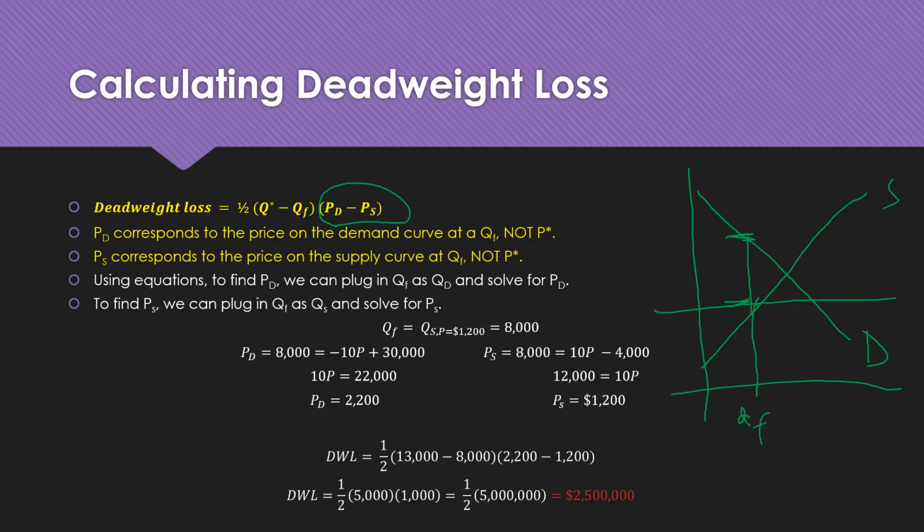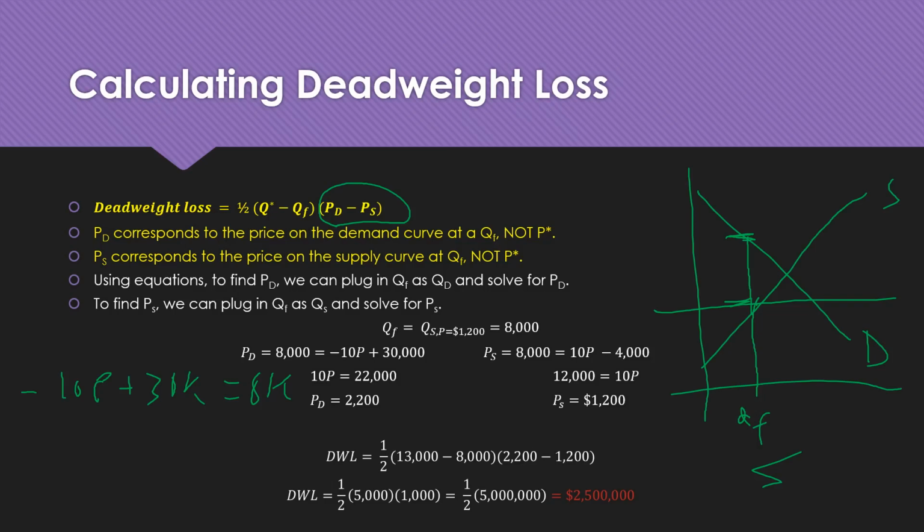In this case, because I can't tell what anything is from this graph, we could take that QD equation, which is negative 10p plus 30,000. We can solve for p by setting it equal to 8,000, because that's what QF is.